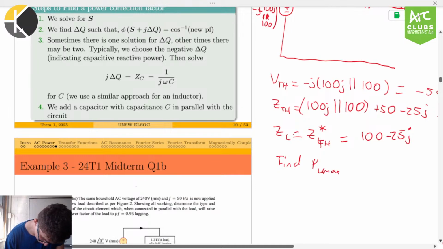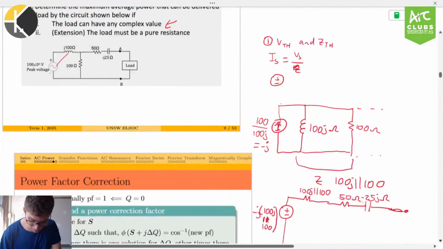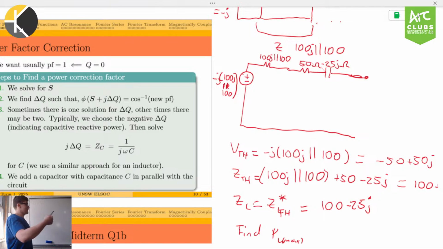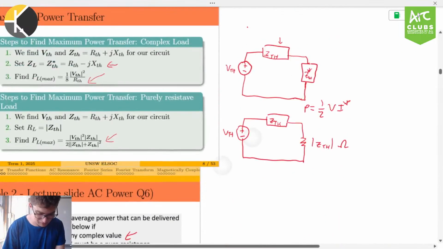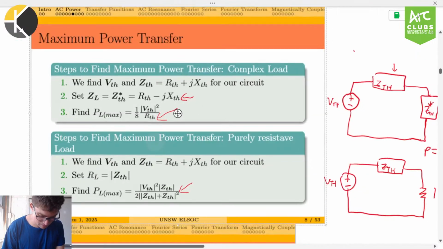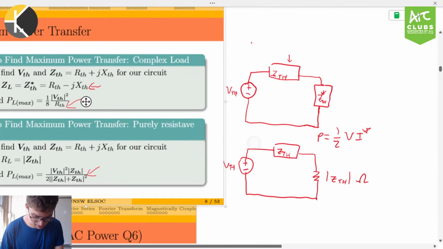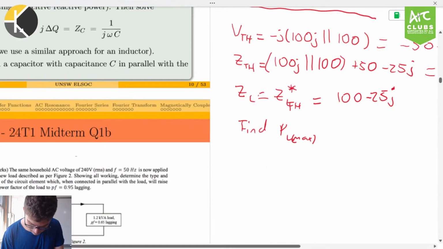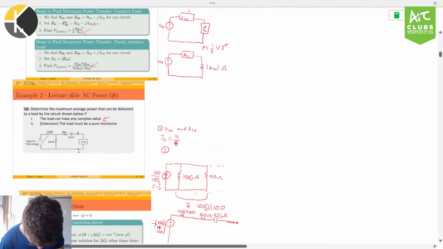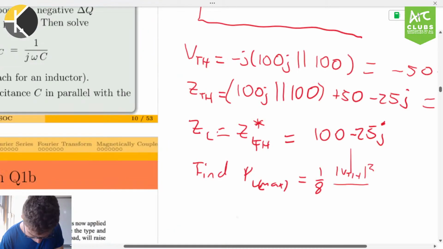I'm just going to use the formula, but if you don't want to use the formula, you could put this in a circuit, find the current and do half VI star. If you use the formula, which is reasonably non-obtuse here, we'll sub that in. One eighth V Thevenin squared divided by RTH.